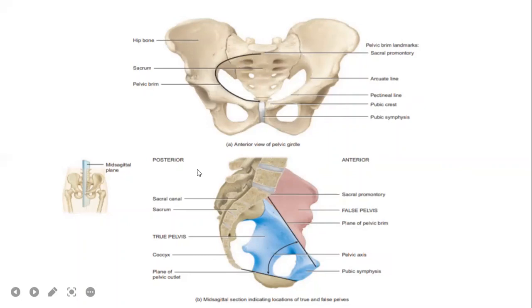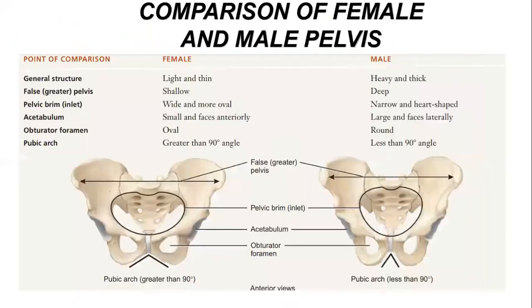So we have the pelvic axis, which I've just described. And we have the true pelvis here, and the false pelvis above here. So this is just a description. Next time I'll try as much as possible to find 3D images so that I can improve on our demonstration.